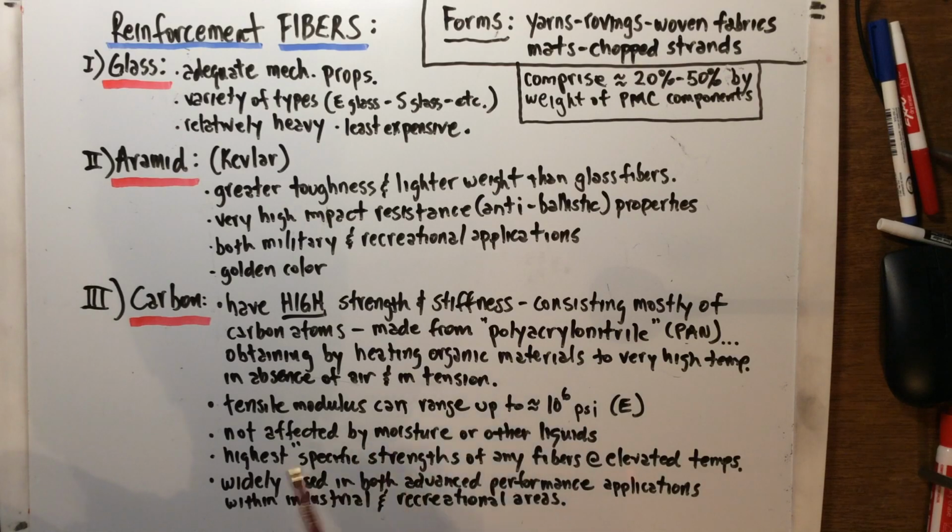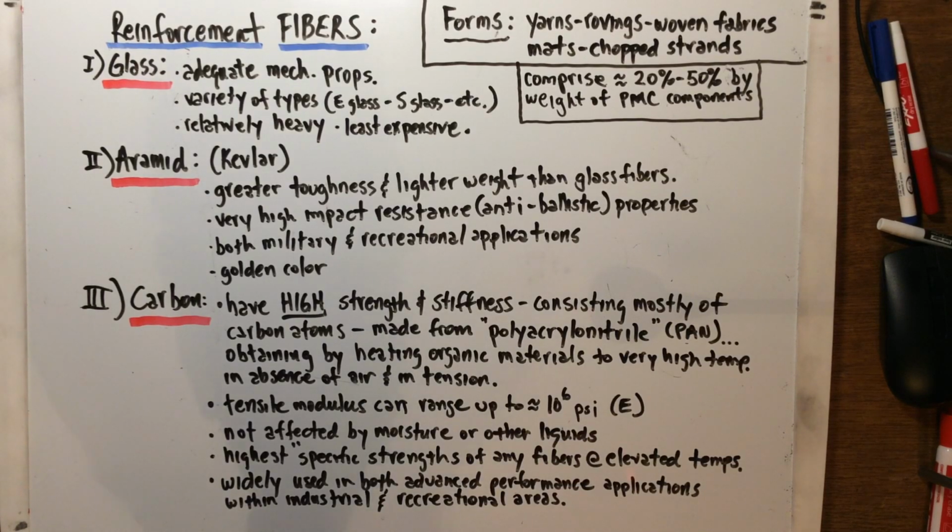So at any rate, this is significantly higher, and of course, as we said, it weighs hardly anything. Strength-to-weight ratios are very, very excellent. It is not affected by any kind of moisture or other liquids. As I told you earlier, it has the highest specific strength of any of the fibers, especially at elevated temperatures.